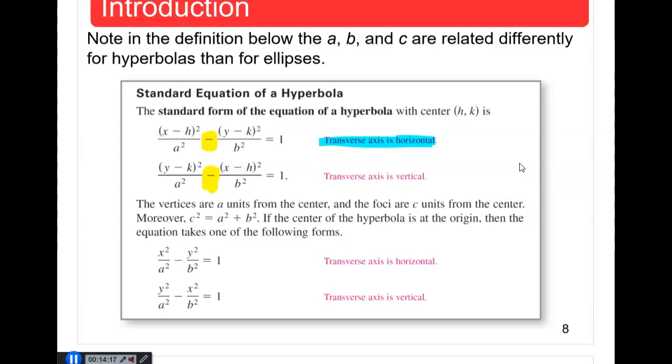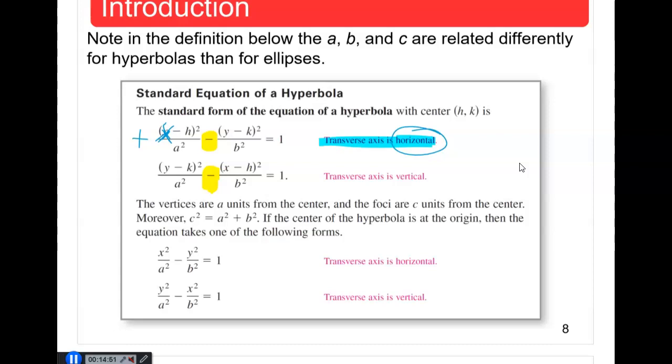The way you will decide which one is horizontal and which one is vertical is based on which variable, in this case x, is the positive fraction. I said positive because we don't have a sign in front of it, so it is an implied positive. So that will tell me that we're talking about a horizontal hyperbola.